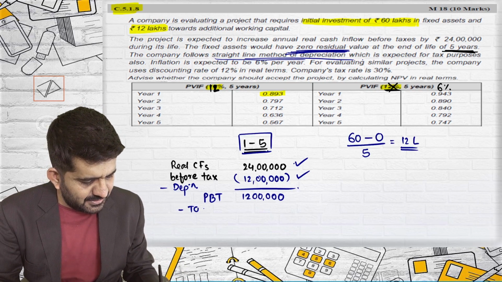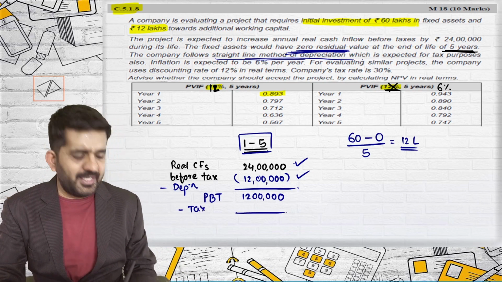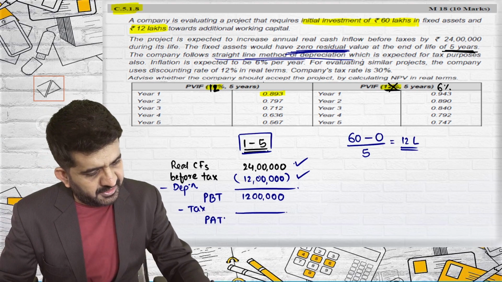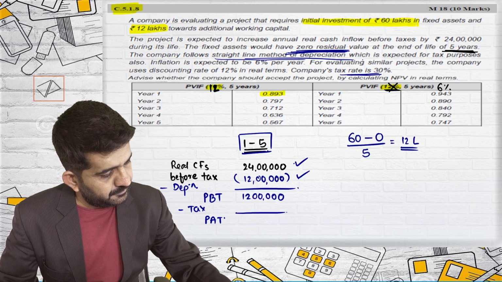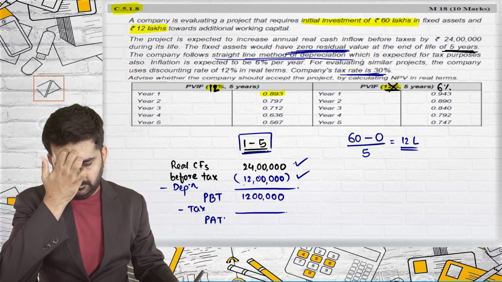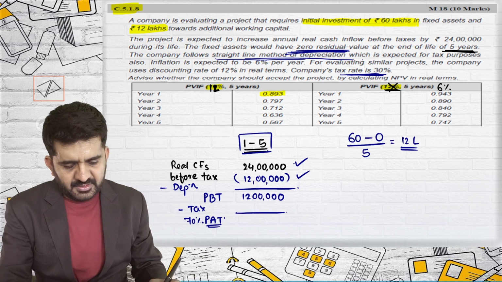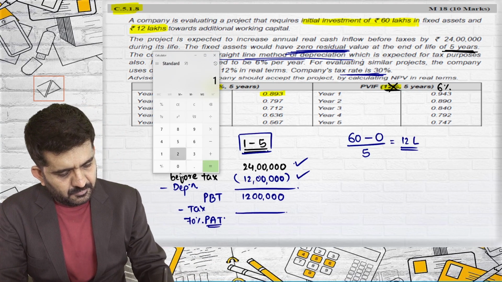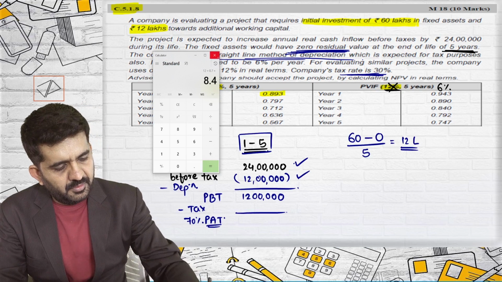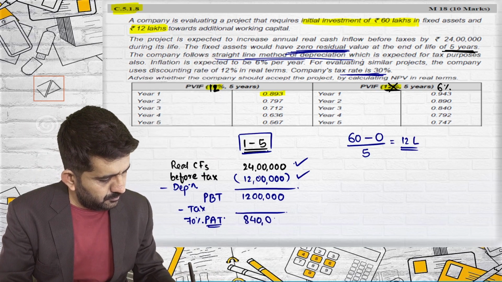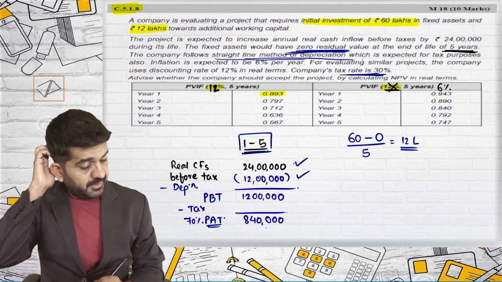Minus tax. I told you never to find out tax. Profit after tax. What is the tax rate? 30%. So profit after tax will be 70%. 70% of 12x is 8,40,000. That will be profit after tax.